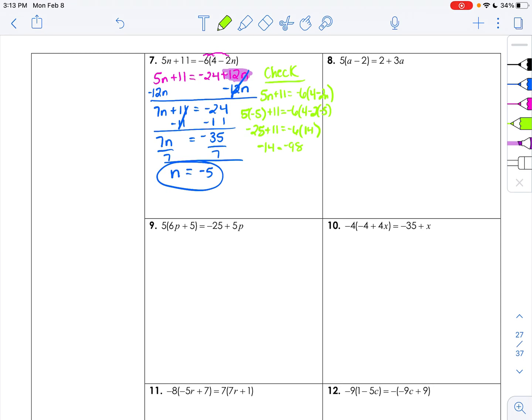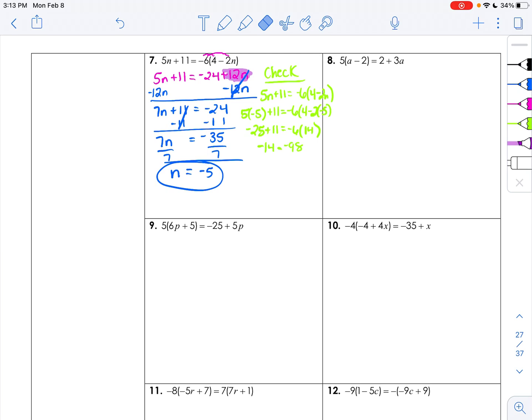So I think I did something wrong. Let me double check my work real quick. Yep. So right here, I've made a mistake. So when I subtract 5n minus 12n, that should be a negative 7n.